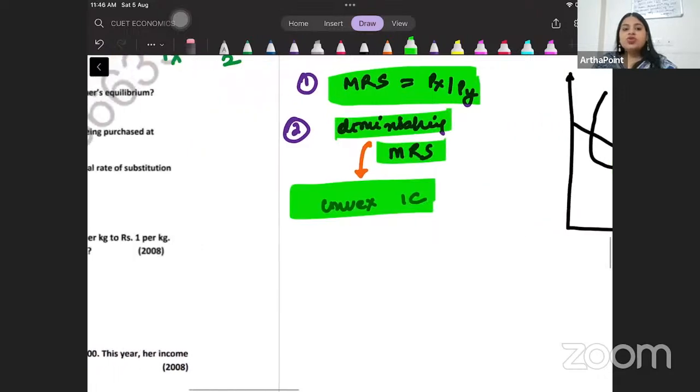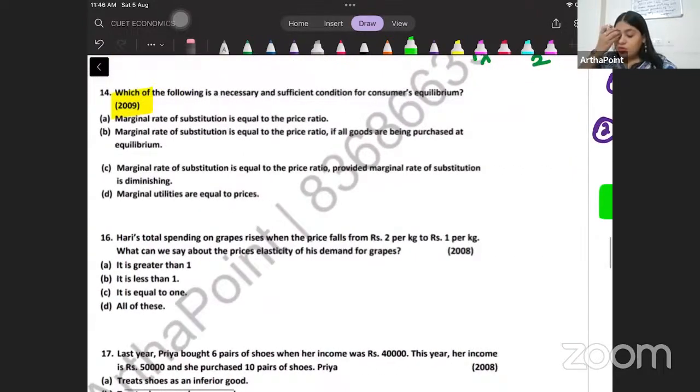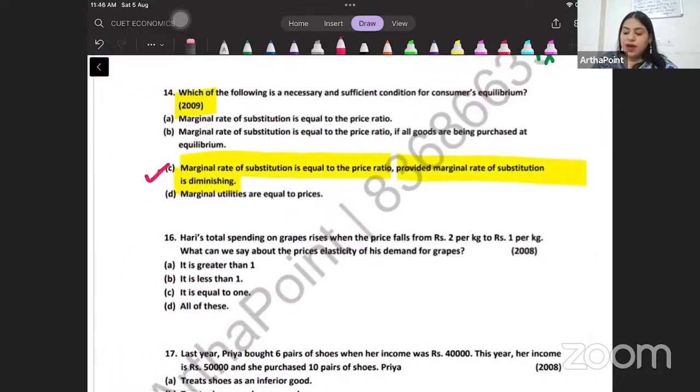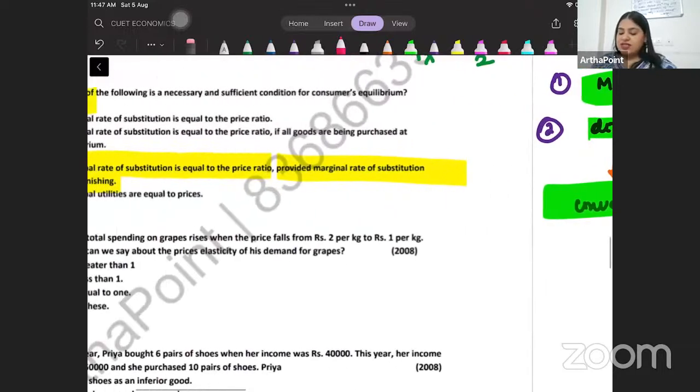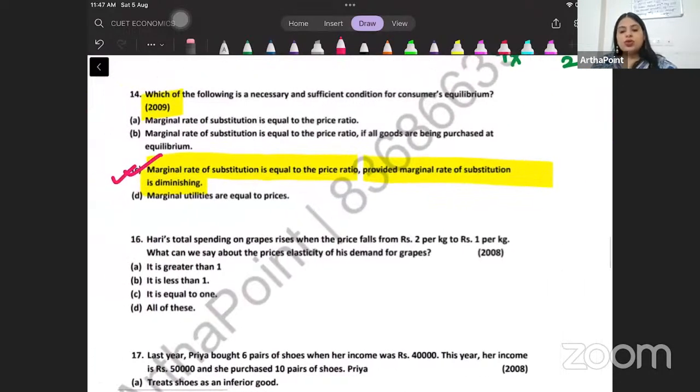So now when I look at these options, the answer should be C. It says marginal rate of substitution is equal to price ratio, provided MRS is diminishing. If MRS is not diminishing, like in this case, then tangency will not mean anything. Only if MRS is diminishing, tangency has to be met. So that's the answer to this question.